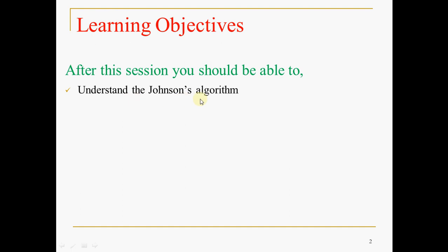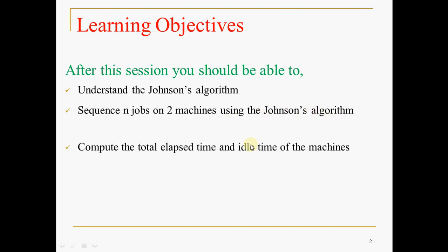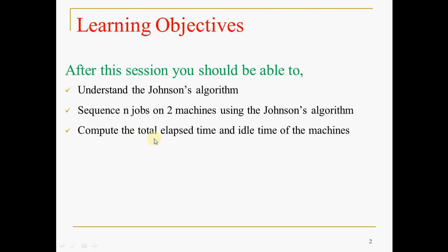Now we are in a position to give the outline of Johnson's algorithm, to sequence n jobs on 2 machines using Johnson's algorithm, and to compute the total elapsed time and idle time of the machines.